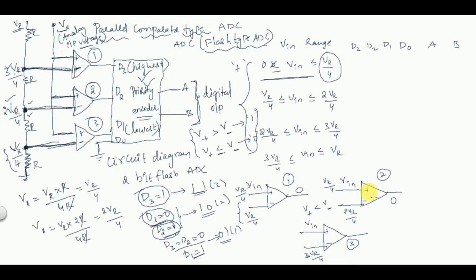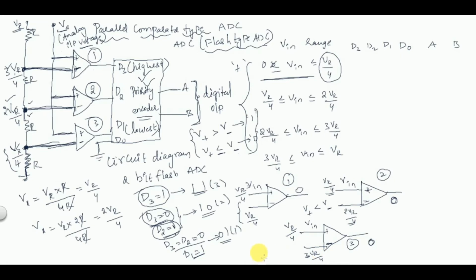Here the input to the positive terminal is only VR by 4, but the input to the negative terminal is 2VR by 4, which means V plus is less than V minus, so the output of the comparator is 0. In this case also the output is 0, because the voltage at the positive terminal is VR by 4 and at the negative terminal is 3VR by 4.